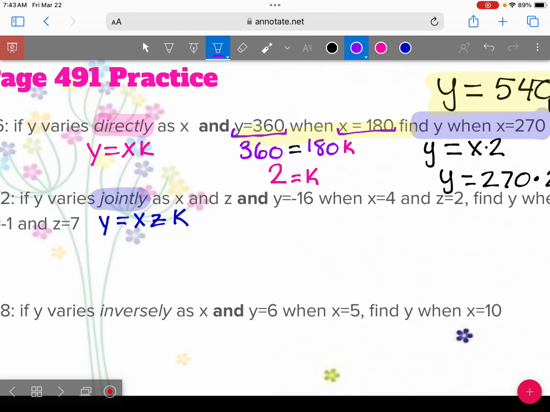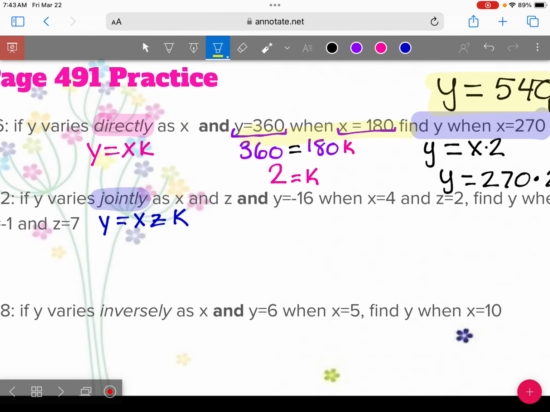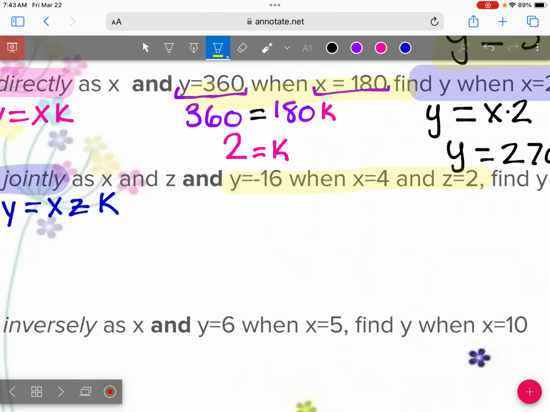This set that we know for us to find our k is this trio that's connected. I know y equals negative 16 when x equals 4 and z equals 2. So I'm going to use that to figure out what my k is.